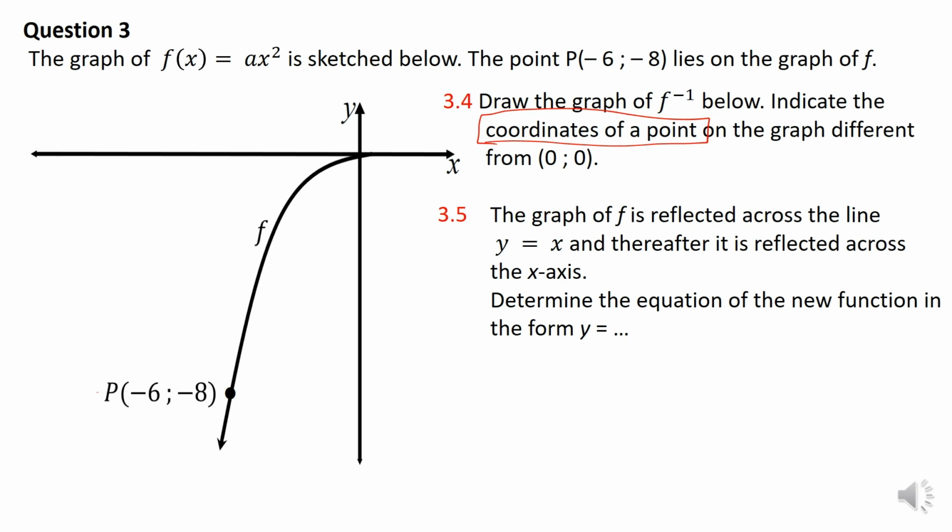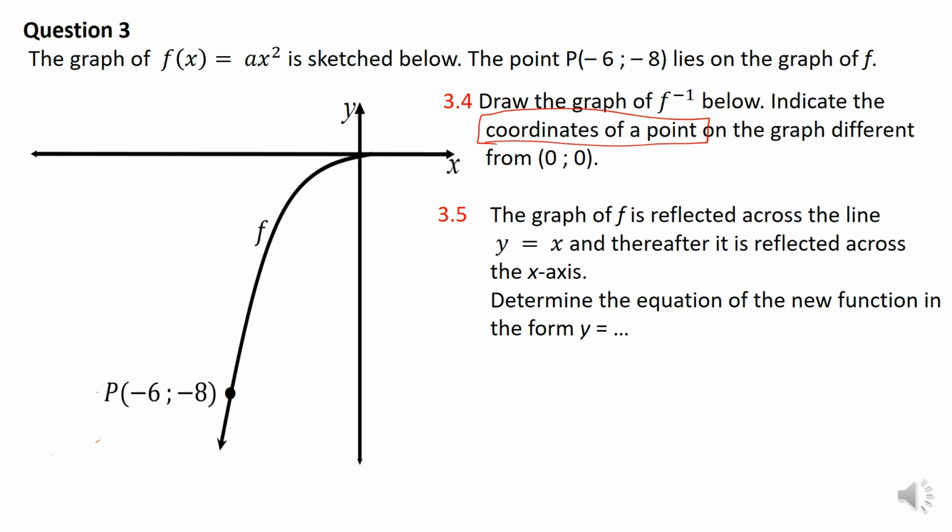What are the coordinates of P? So remember, the inverse and its original function are a reflection of the graph along the line y is equal to x, and this reflection is achieved by swapping these coordinates x, y.